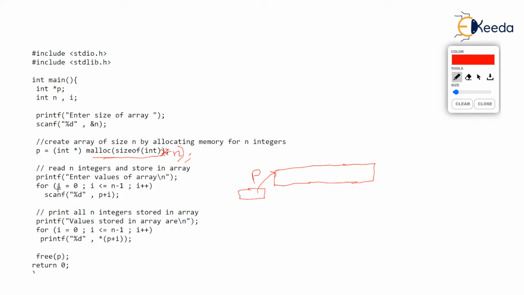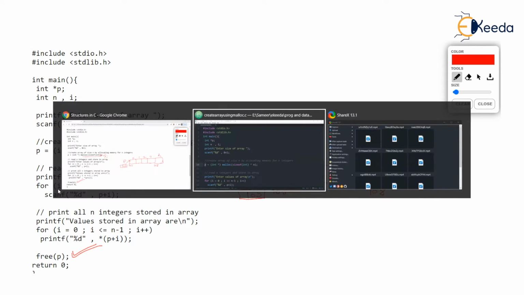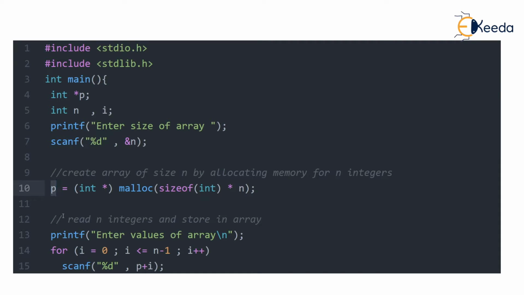If the base address is 100, p is going to store 100, and 100, 101, 102, 103, 104, 105, 106, 107, and 108, 109 will be the position of the last integer, indexes being 0 to 4. And at the end of the program, we saw how to release this array by simply calling free p. So all these statements have been written in the program just to demonstrate.